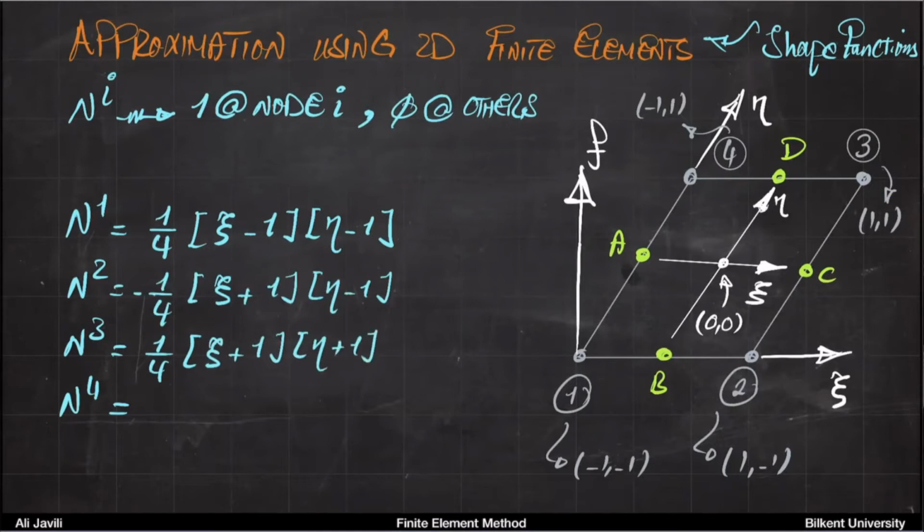So that's plus 1, and then there is minus 1 over 4, xi minus 1, eta plus 1. Does that make sense? Is that good?